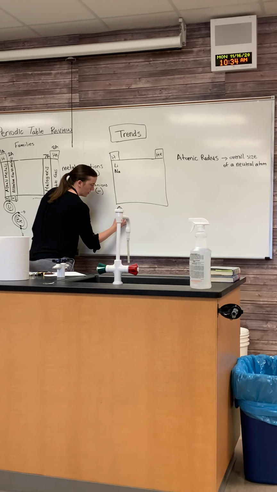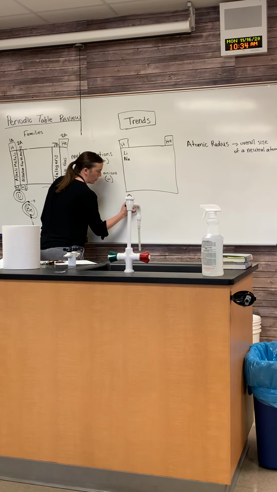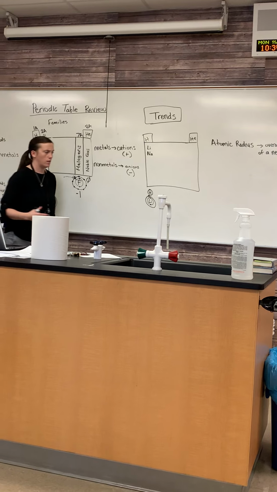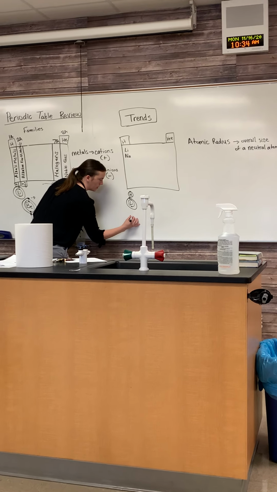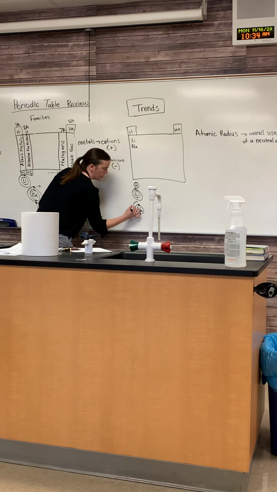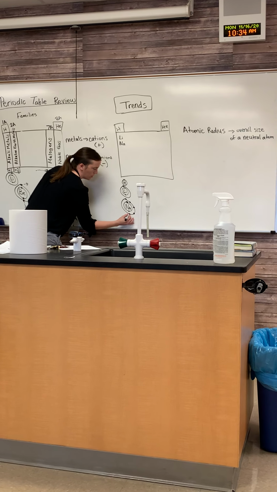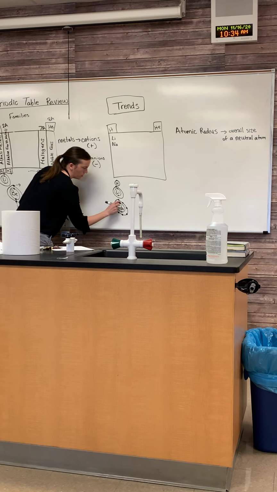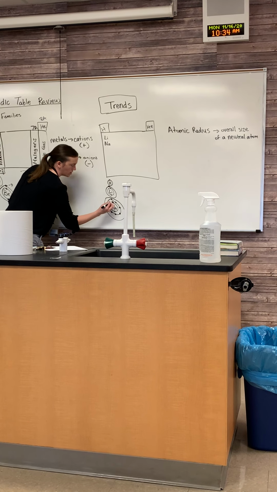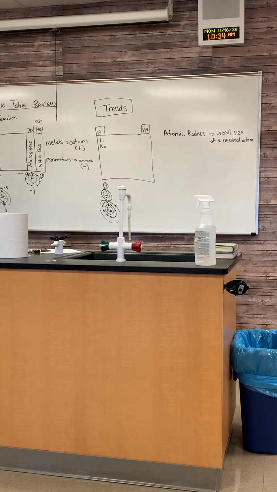Lithium has a full first shell, but only one electron in the second shell. And then sodium has the first shell and the second shell, 1, 2, 3, 4, 5, 6, 7. First and second shells are full, but the third shell only has one valence electron.